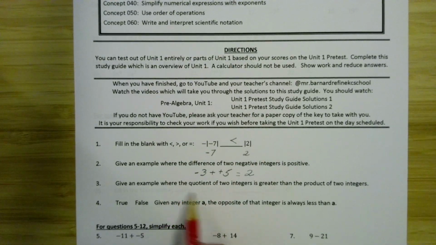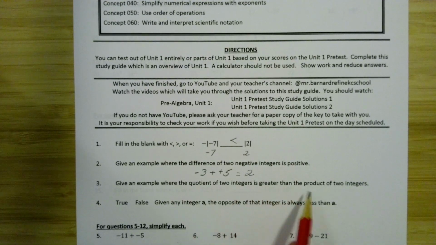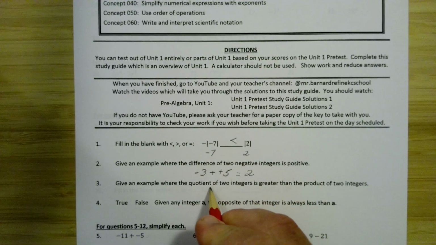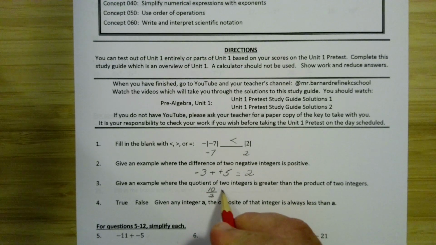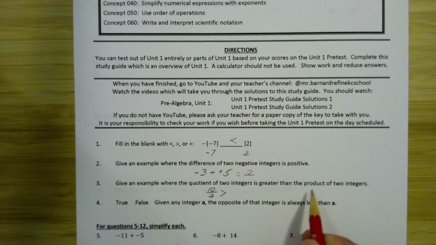Number 3, give an example where the quotient, which means to divide two integers, is greater than the product, which means multiply, of two integers. So let's take something like 10 divided by 2. That would result in 5. And we need that result to be greater than what we get if we multiply two integers together.